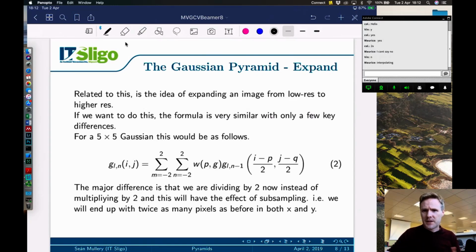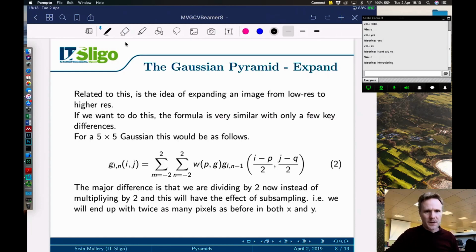Because we're not really creating any new information, and you can resize images bigger. But the other thing is that if we were already just downsizing, why would we want to upsize? So the whole point here in many cases is that we sometimes want to subtract two images from each other, one which has been downsized first and then re-upsized, where it's lost some of its information. And we'll see in a moment where that would come up.